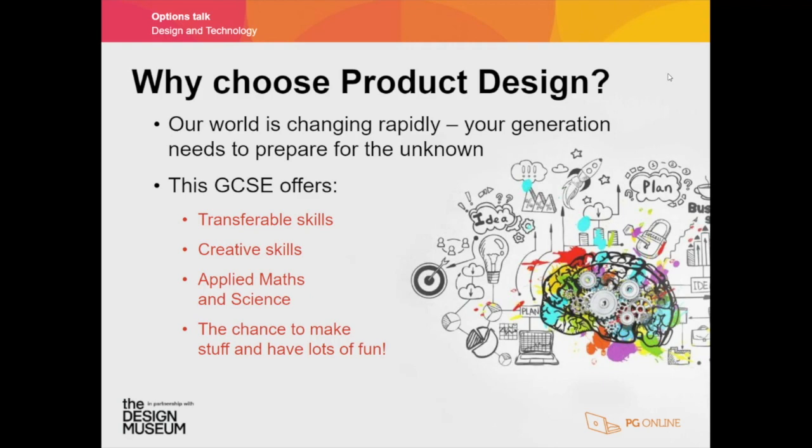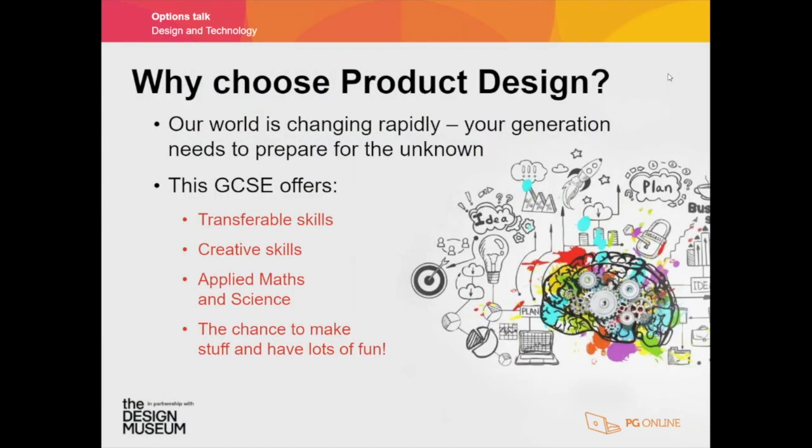It brings out your creativity. You can use maths and science if you want to do something STEM related. This is a course that would link very well with maths and science. Plus, you also get to make things. Your main project will include a lot of making.